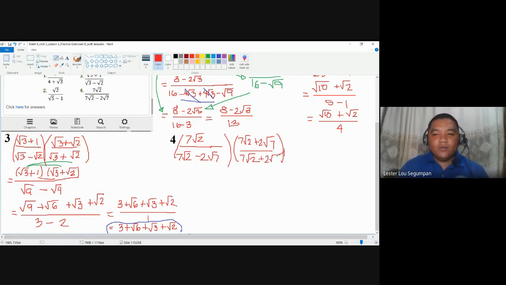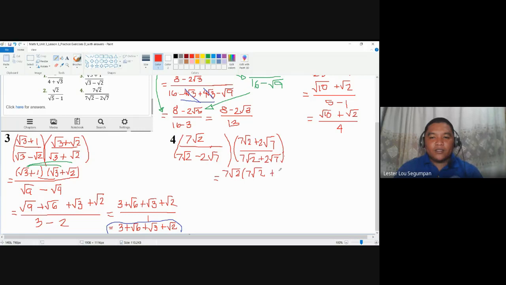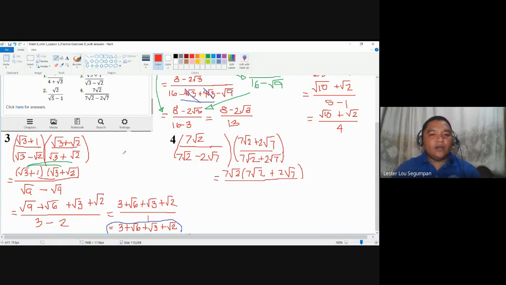So let's multiply them. The numerator becomes 7 square root of 2 to be multiplied by 7 square root of 2 plus 2 square root of 7, all over. Use the concept of difference of two squares because we have conjugates here.